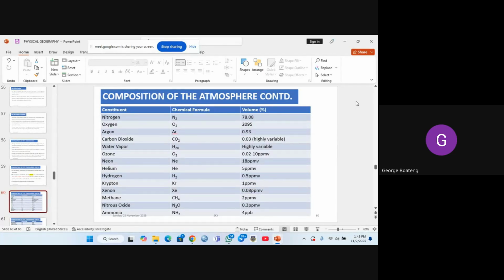So we will want to mention the first six gases. And I will call on my honorable Stephen to do that for me.